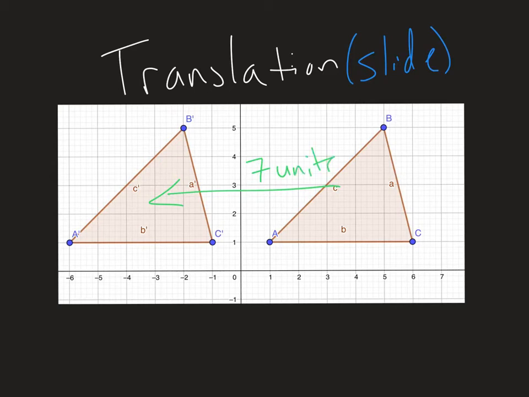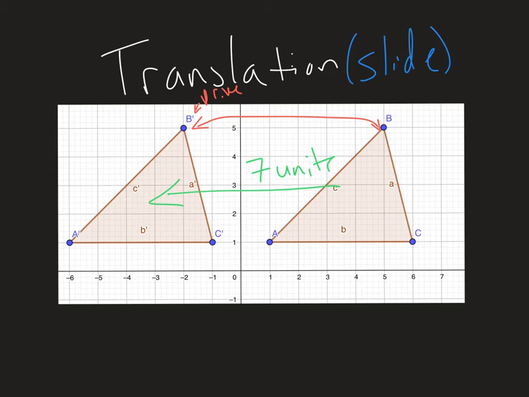to the left. And a way of denoting things, which is worth mentioning here: if we look at particular points, this B to this little B with a tick, that's what we call a prime in math. The idea is that these two points are linked. They're what we call corresponding points.